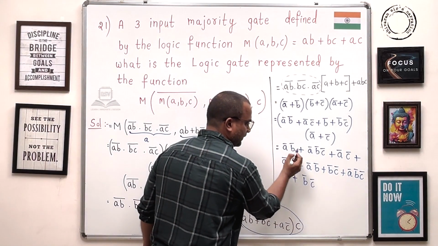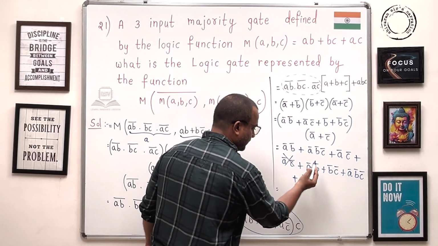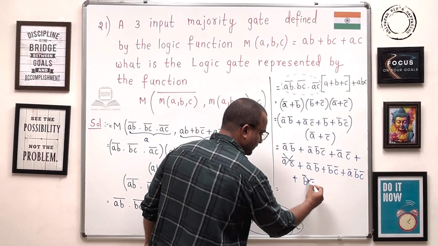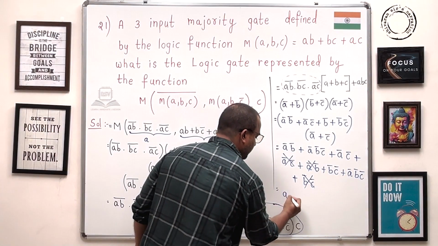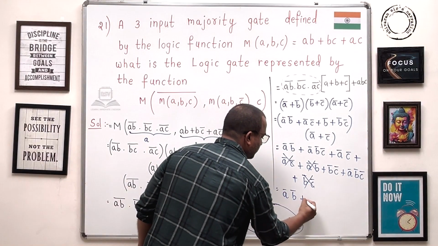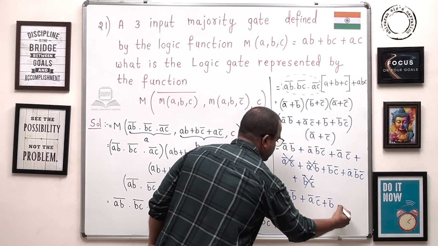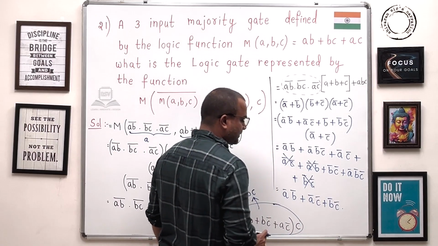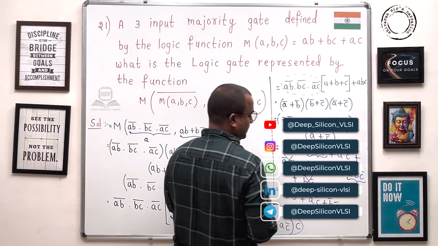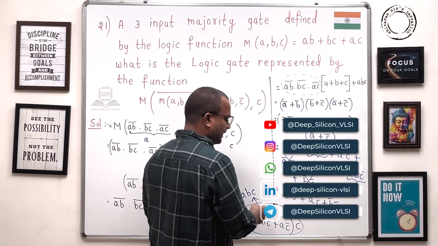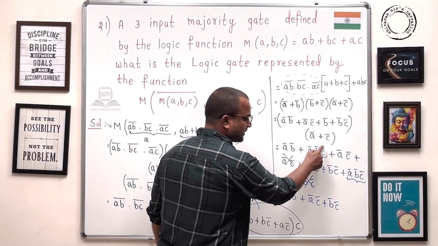So you can take this one, it appeared 2 times, leave it. And this appeared 2 times, you can remove this. And even this A bar B bar also appeared, then you can say A bar B bar plus A bar C bar plus B bar C bar. And even here this particular A bar B bar C bar, you can take A bar B bar into (1 plus C bar), right?